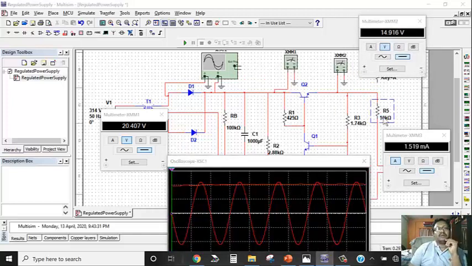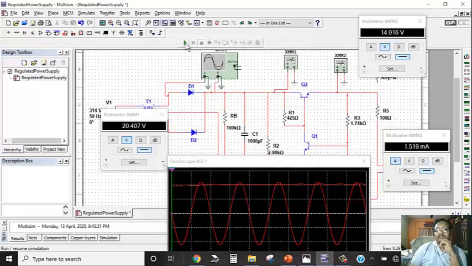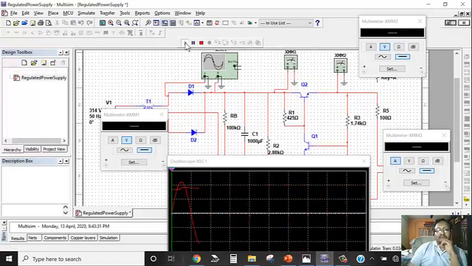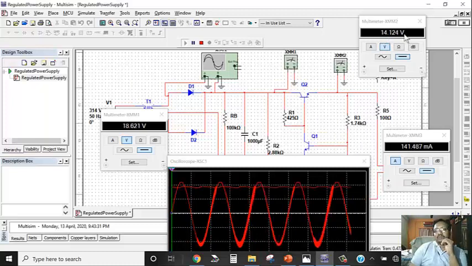Let us set another load resistance value. Let us choose some load of resistance 100 ohm. Now see the difference. Unregulated voltage is very close to 19 volt, and the regulated voltage is very close to 15 volt also.